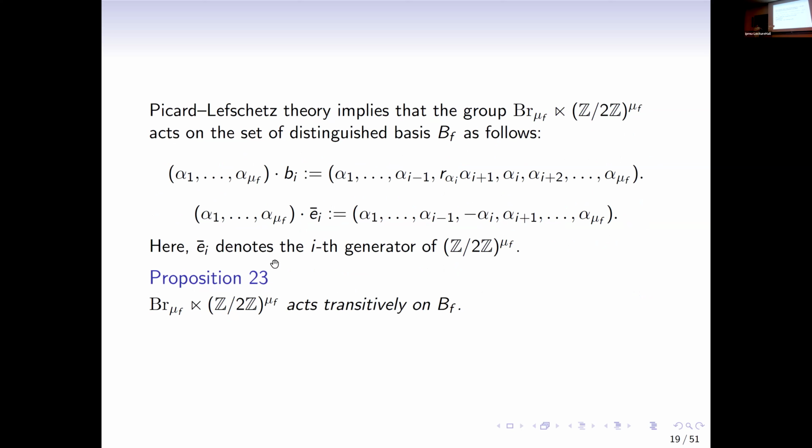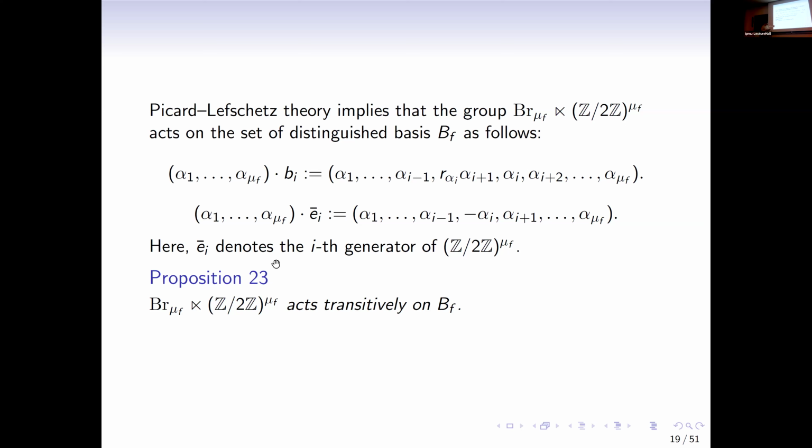Anyway, I think many people are very familiar with these actions. In particular, on the geometric side, on the set of distinguished bases, this group acts transitively for any polynomial defining an isolated singularity.